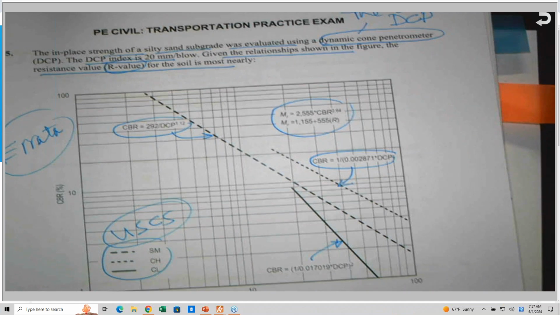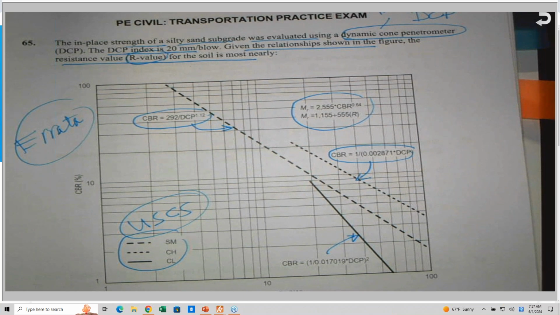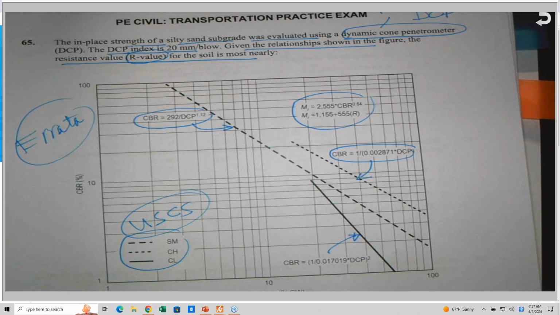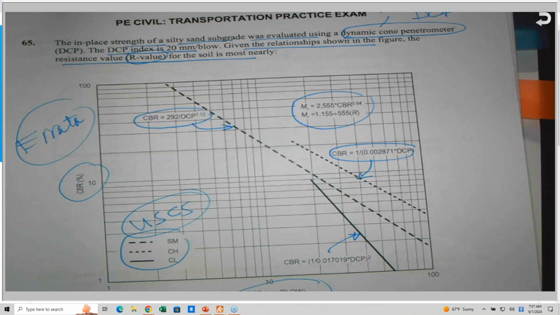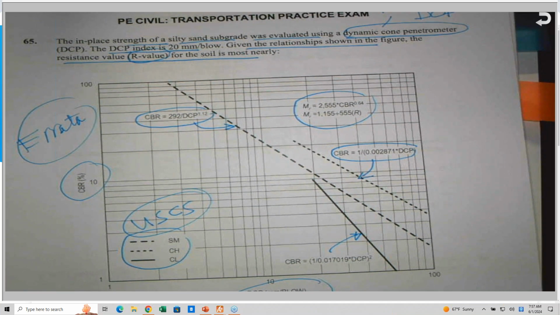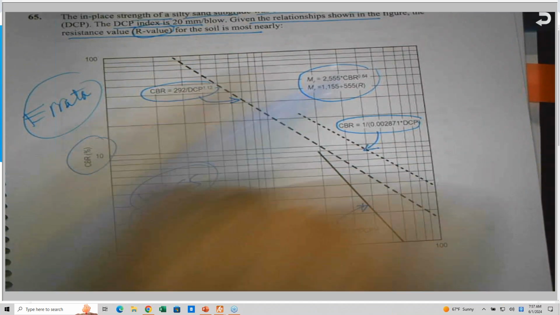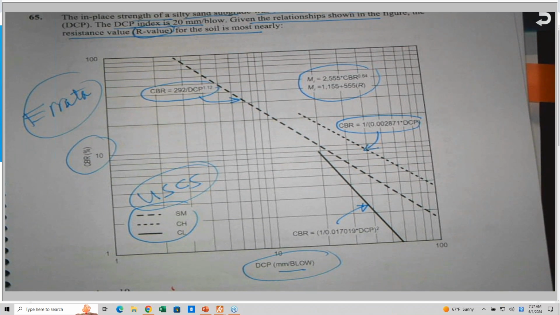Whatever empirical equations he gave you on a graph or figure like this, a relationship between this and the CBR, California bearing ratio, and the DCP, how many millimeters per blow, I will limit myself to these equations, and I hope his solution is based on that.